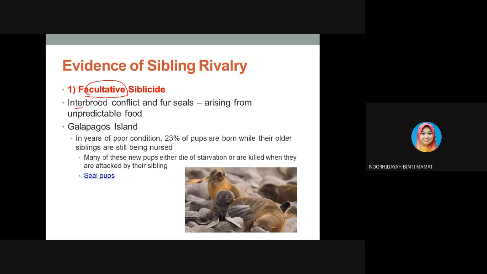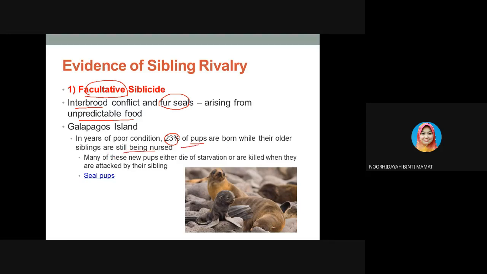For example, the first case, arising from unpredictable food situations: in the Galapagos Islands, in years of poor conditions, 23% of pups are born while their older siblings are still being nursed.